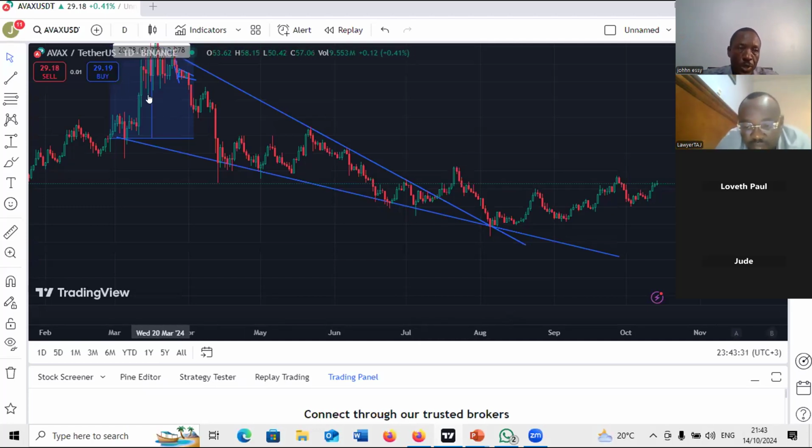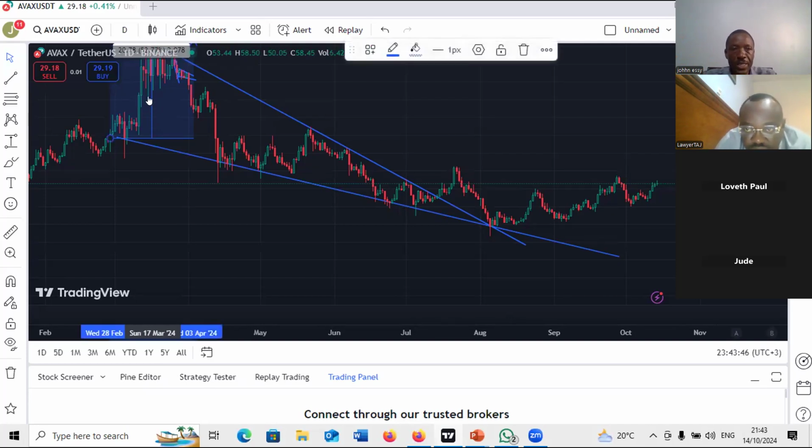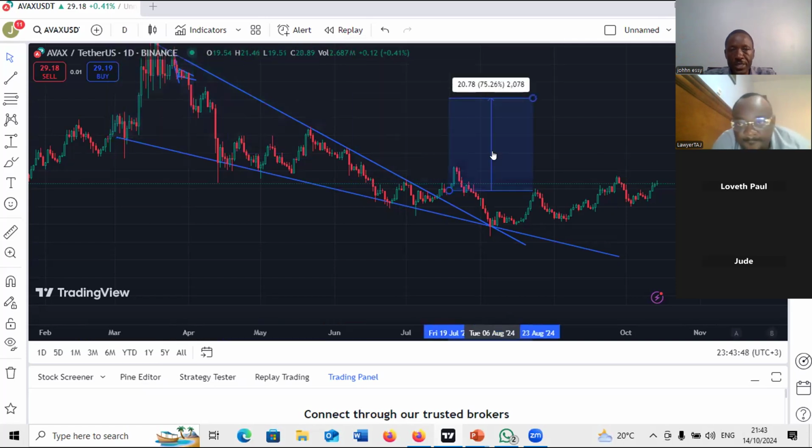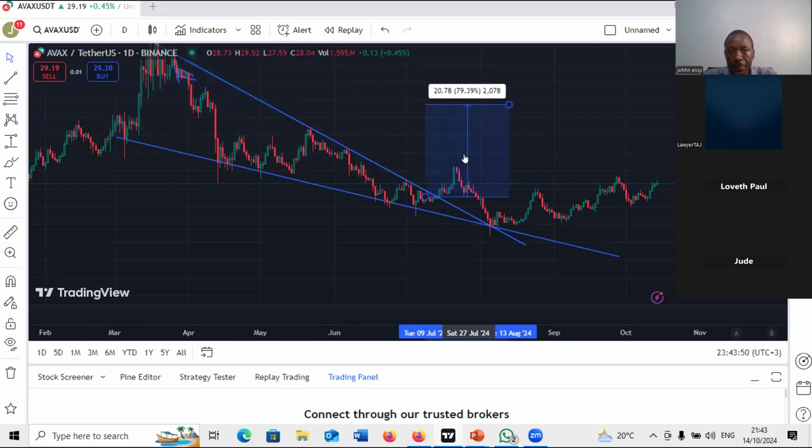So you will take our range, which we have measured on the left-hand side. Remember, I said we will get the range from the wider part of our wedge. So this is what we have got. I will simply bring it here, and then put it at that point.